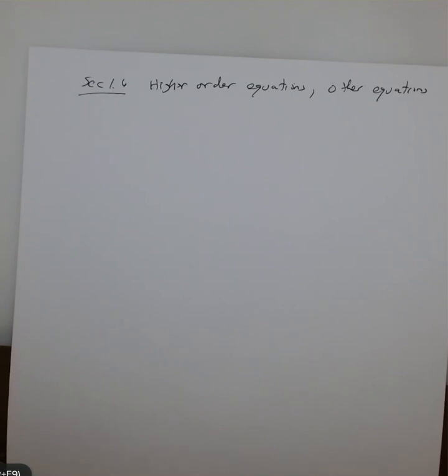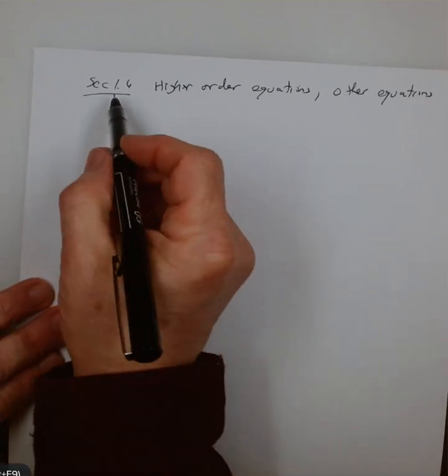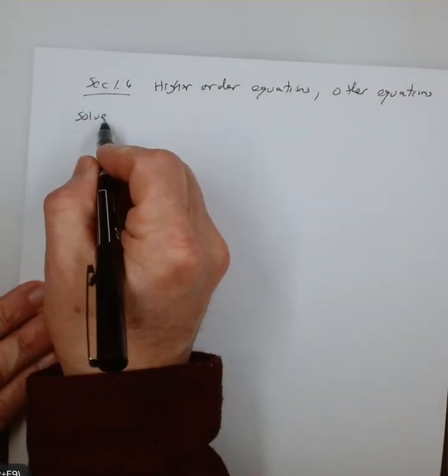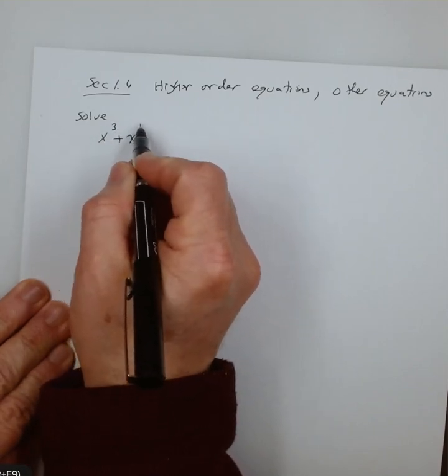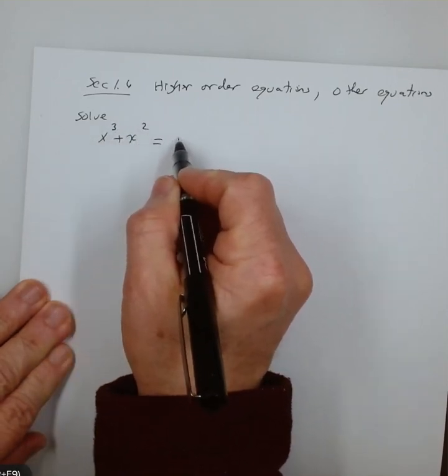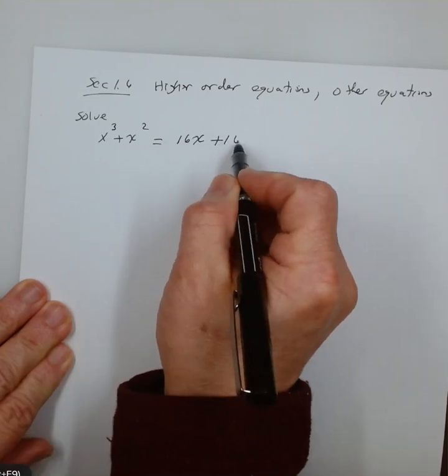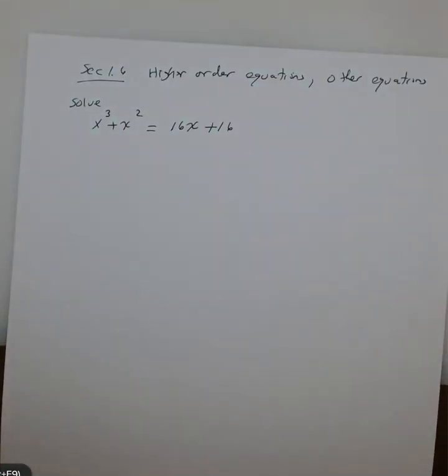So for example, let's look at this first one. Okay, so we want to solve this. We have x cubed plus x squared is equal to 16x plus 16. It's called higher order.